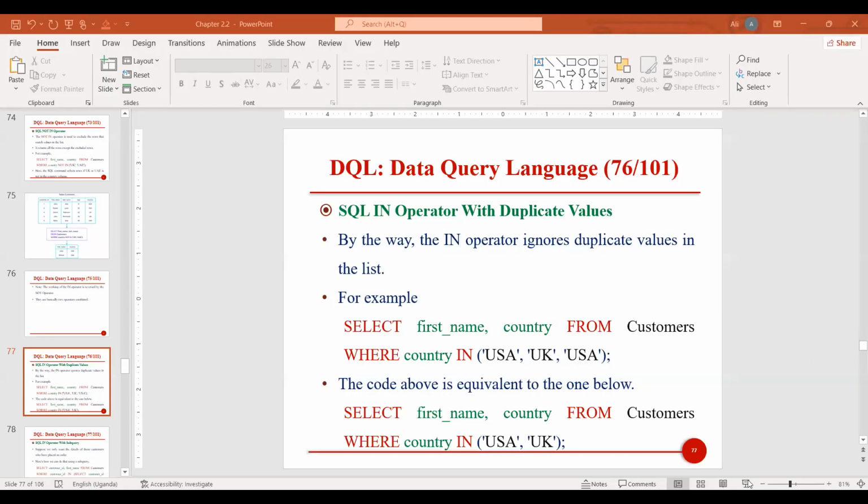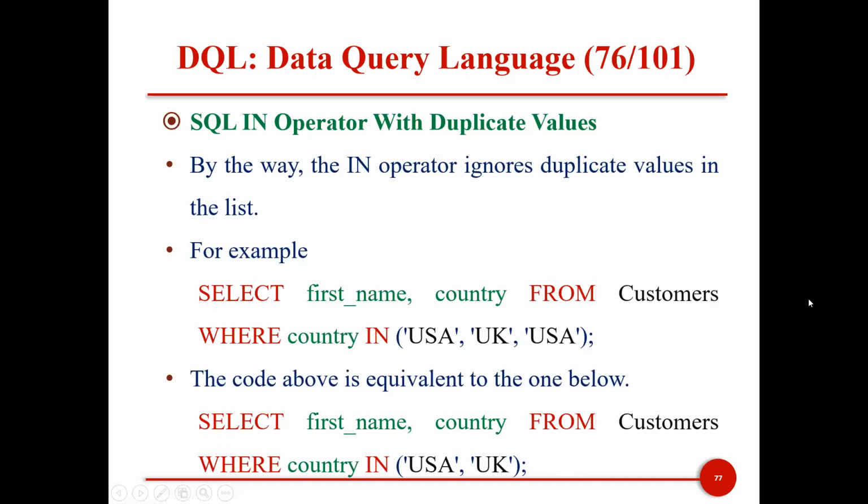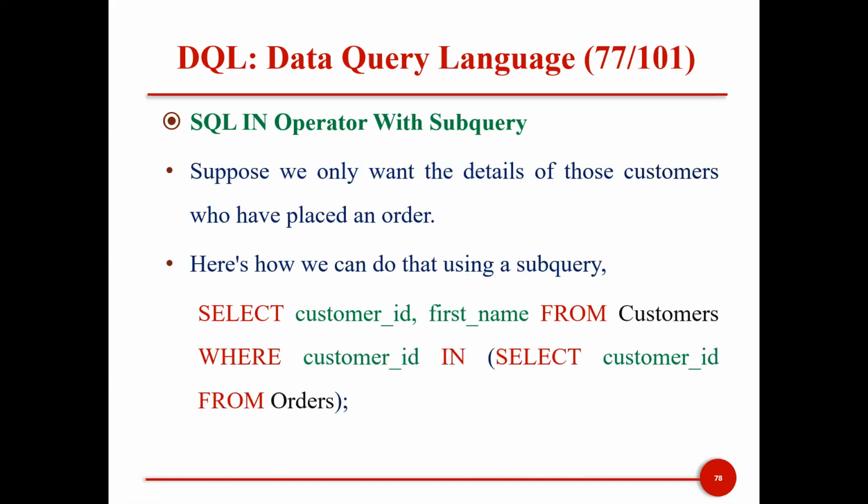Then let us go back to our slide and look at subqueries, using the SQL IN operator with subqueries. For example, we want to display the customer ID and the first name from the table customers, where their IDs are those IDs which you find in the table called orders.